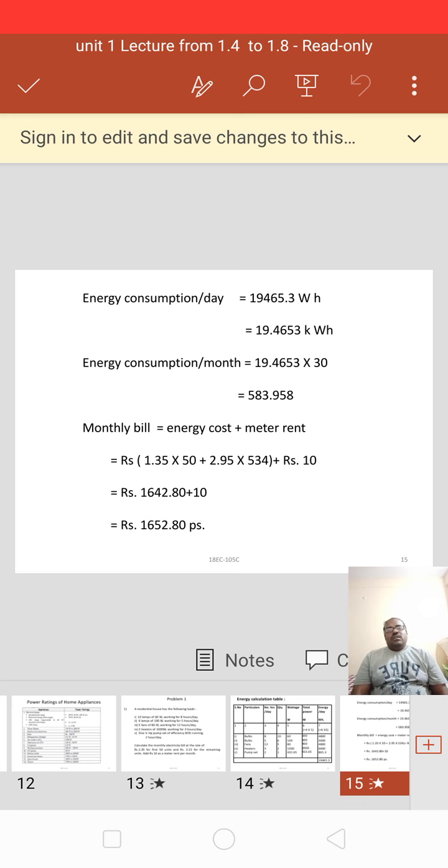Monthly bill is generated with the help of energy cost of energy consumption plus meter rent, that is 1.35 into 50 plus 2.95 into 5.34 into 10 rupees, that is equal to 1642.80 plus 10, that is 1652.80 rupees.